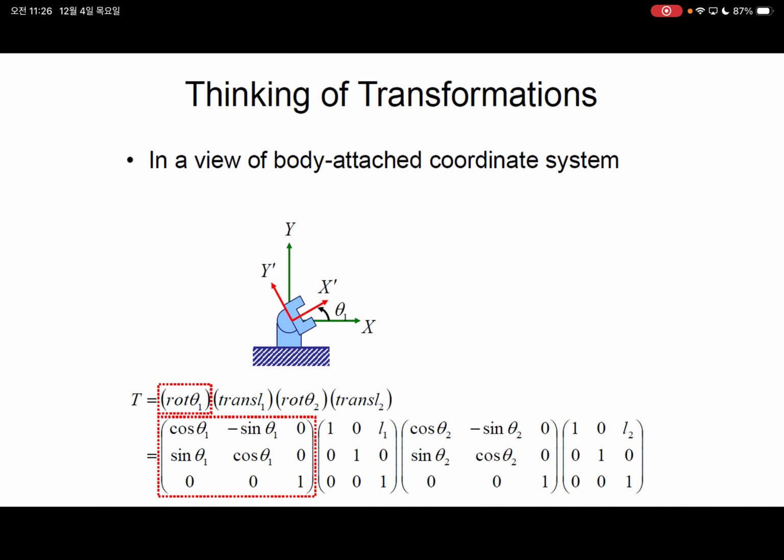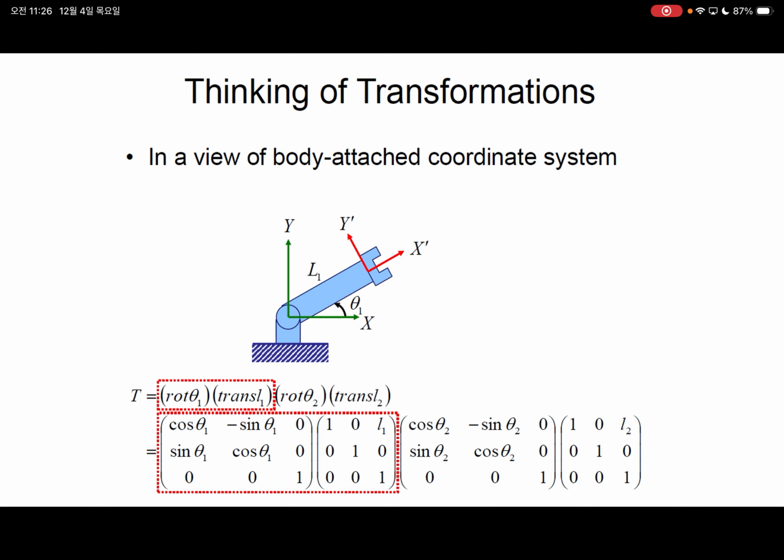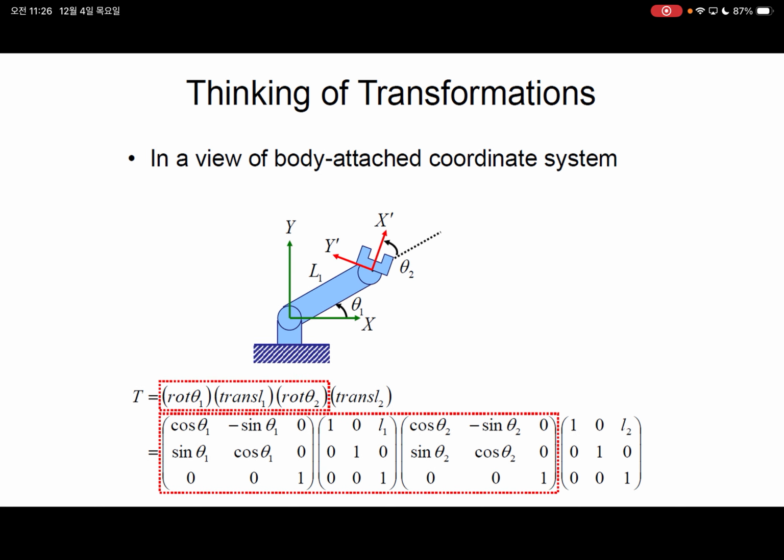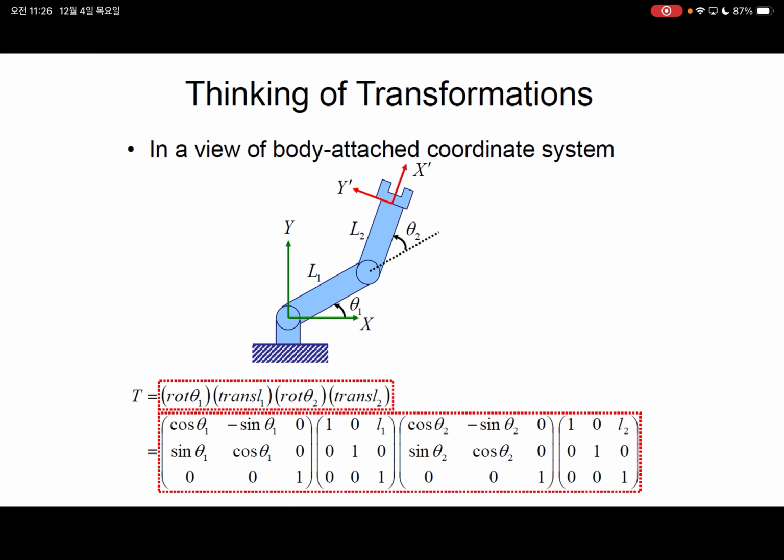Now I'll start with rotation 1. So we slightly rotate the red one and then apply translation about the L1, and then apply another theta 2 here, and then move L2. Now we can get the position of the end effector using this T, right? This is the view of body attached coordinate system.